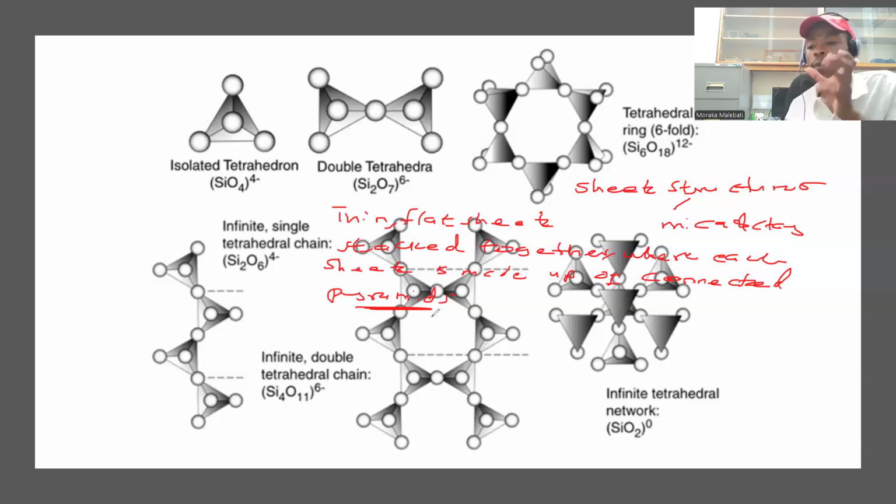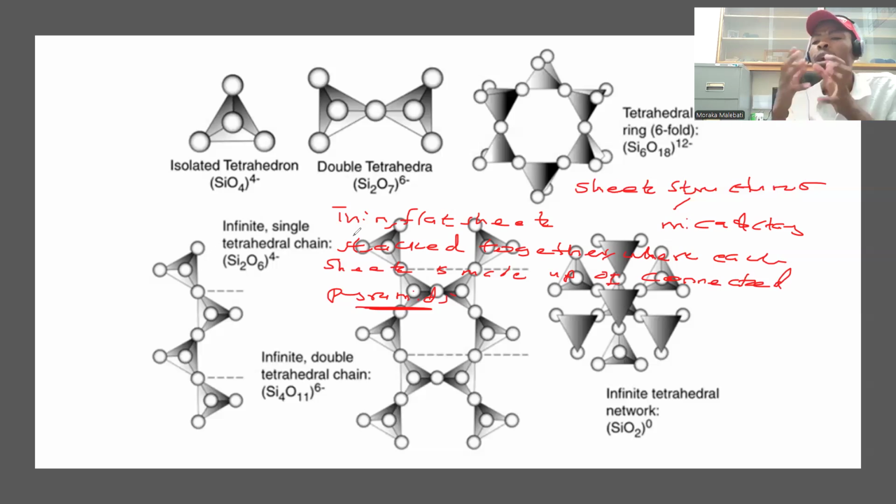So you have thin, flat sheets which are stacked together, where each sheet is made up of connected pyramids. You connect these pyramids in a straight line, and then they form a sheet. And then you have another one on top of that, another one on top of that, another one on top of that.